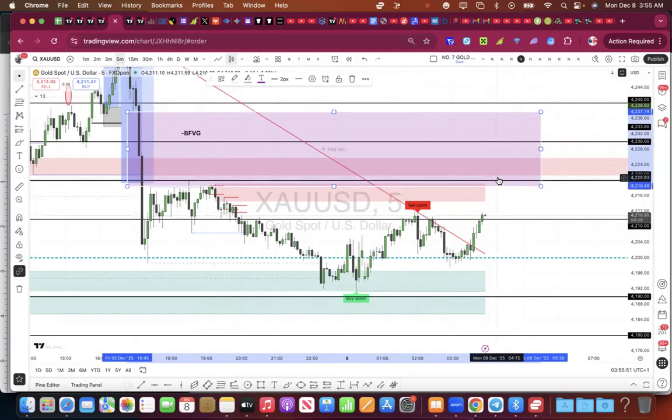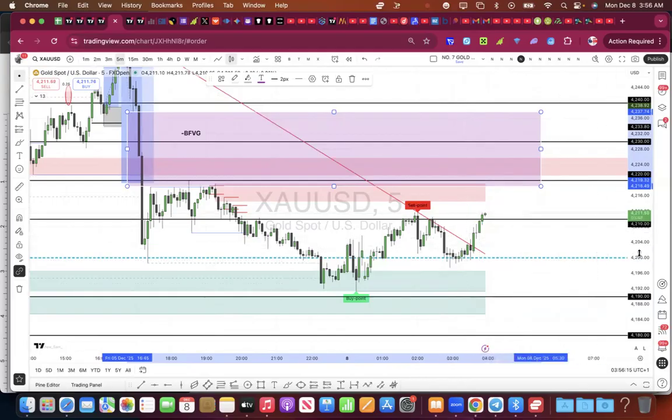Psychological level, all right? Supply zone, all right? So we can sweep liquidity at the supply zone, tap into the fair value gap, and of course, run into the midst of this psychological level. So that means our entry will have been here, take profit.